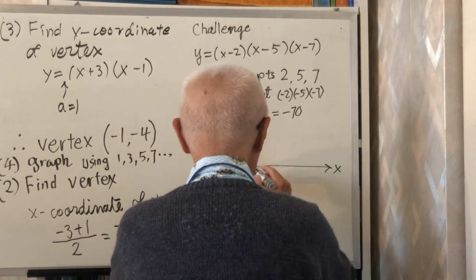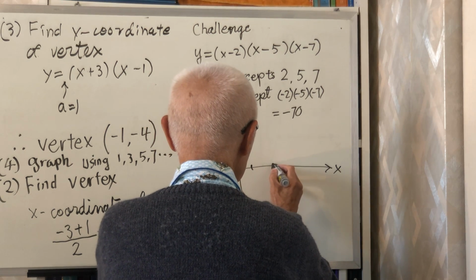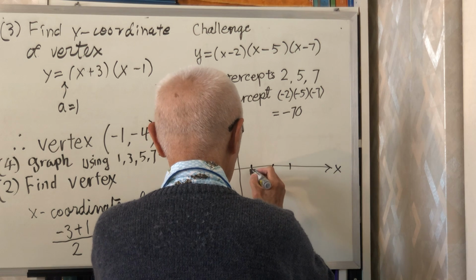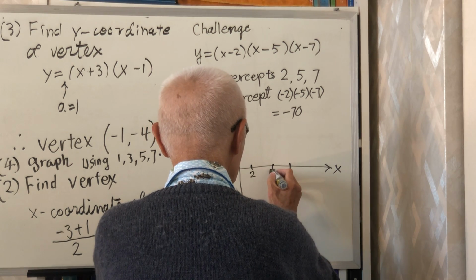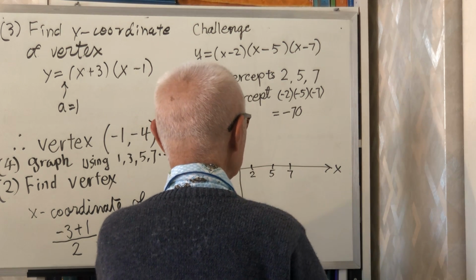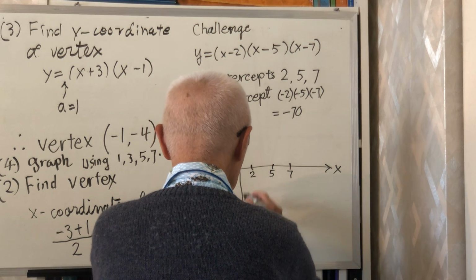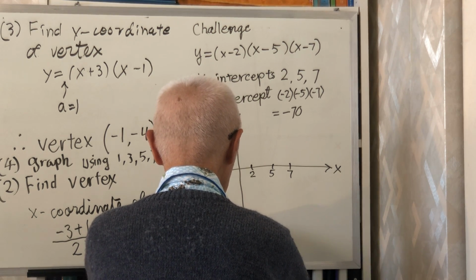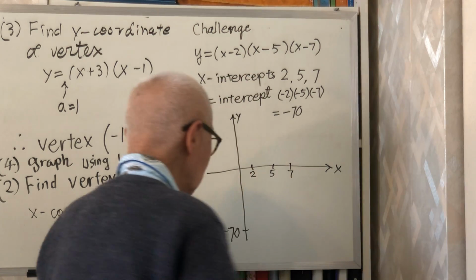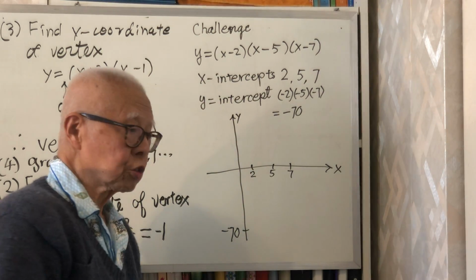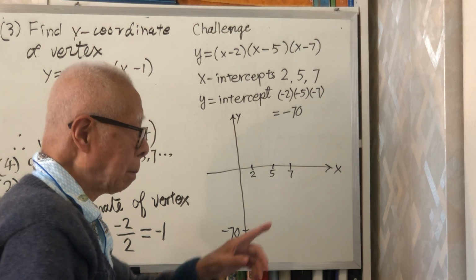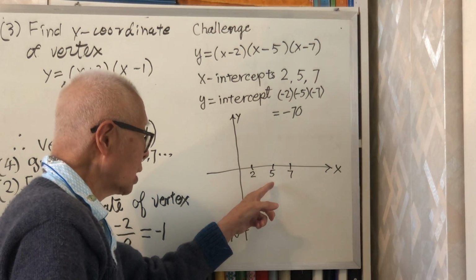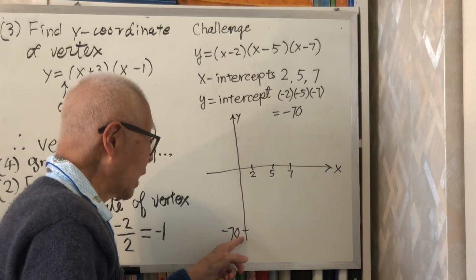X-intercepts 2, 5, 7. Y-intercept -70. Suppose this is -70. So your graph must pass through the 3 x-intercepts and this 1 y-intercept.